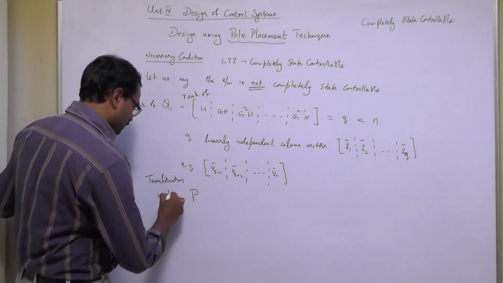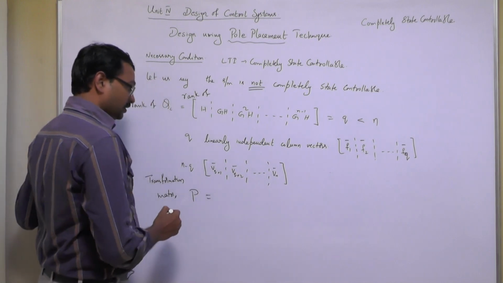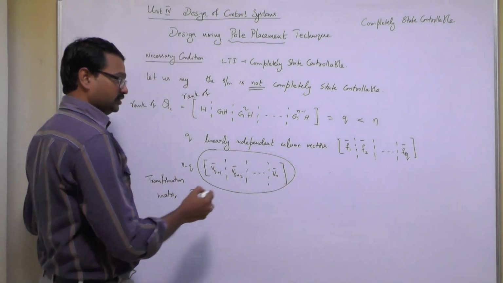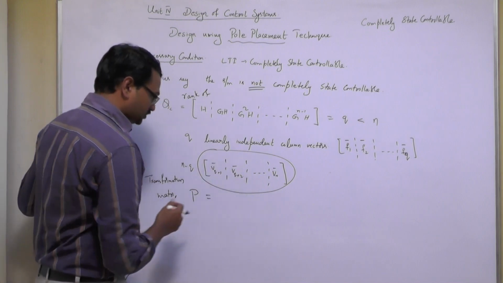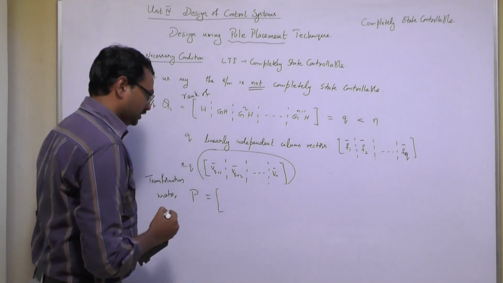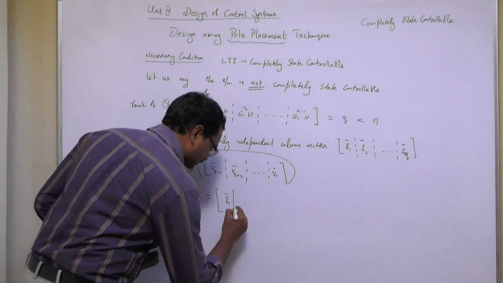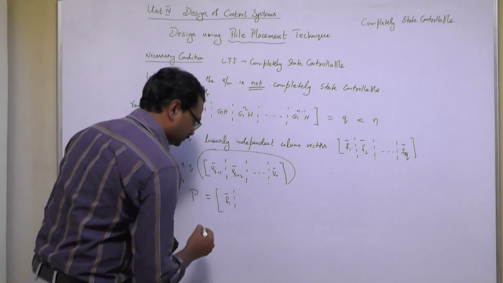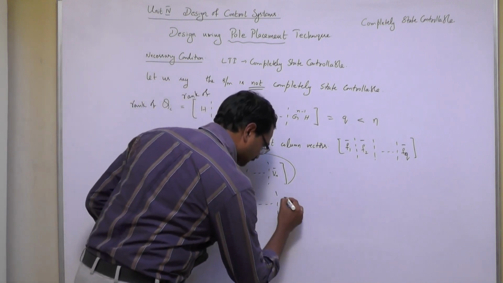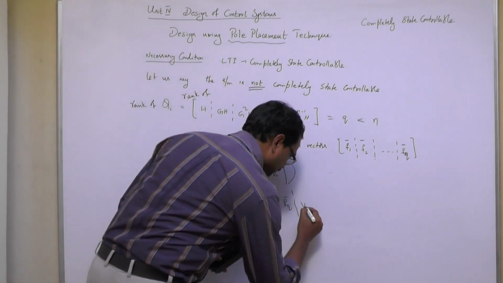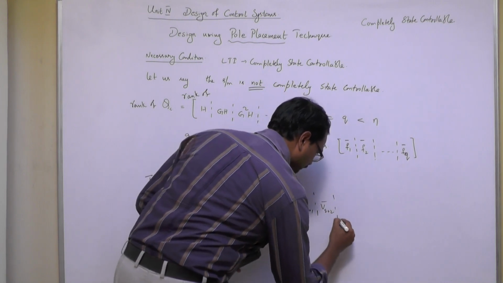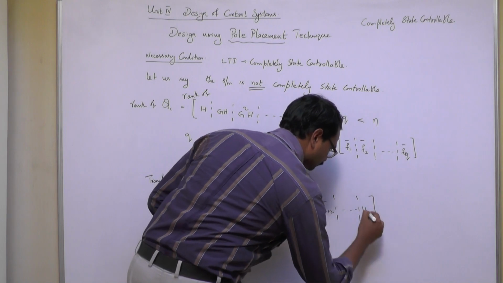We need to choose the vectors Vq plus 1 in such a way that P, the transformation matrix, is nothing but the column vectors F1 bar, F2 bar, up to Fq bar, and we add Vq plus 1 bar, Vq plus 2 bar, up to Vn bar.